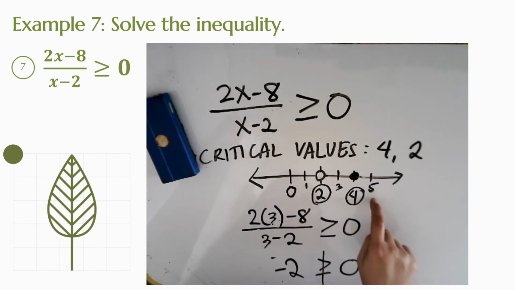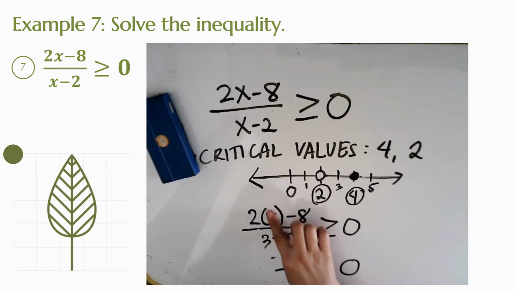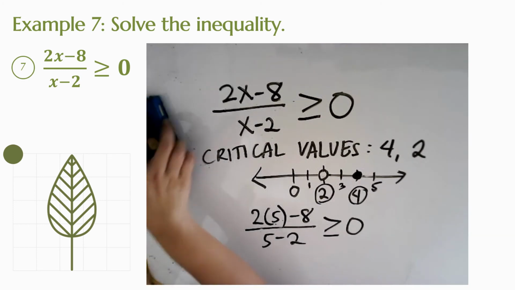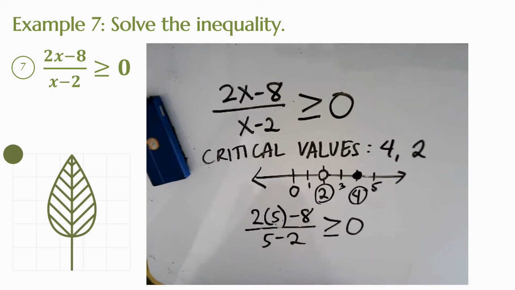Next, how about 5, on the right side of the critical value 4? This time, let's replace x by 5. So 2 times 5 is 10, minus 8, that is 2, over 5 minus 2, which is 3.